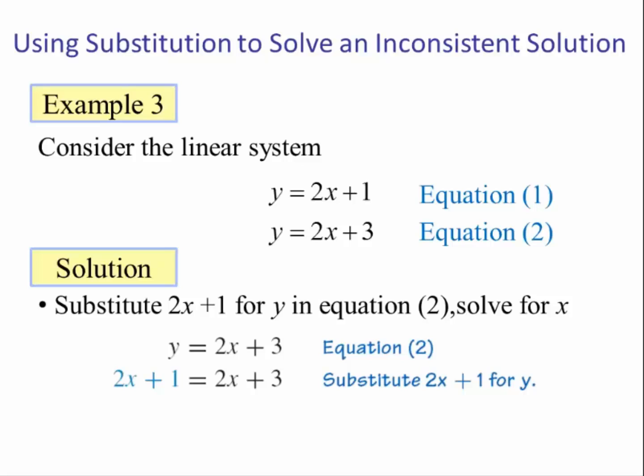We have x's on both sides, so subtracting 2x from both sides, we are left with 1 equals 3. So the x's have canceled. This is a false statement. No matter what x we use for this equation, it will always yield a false statement. So there's no solution.